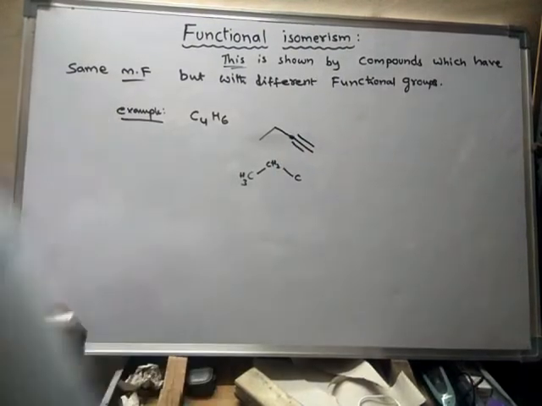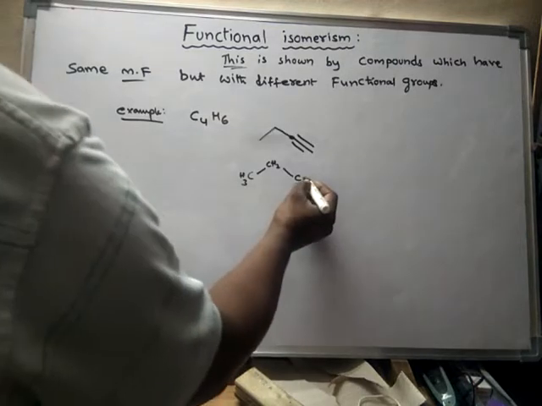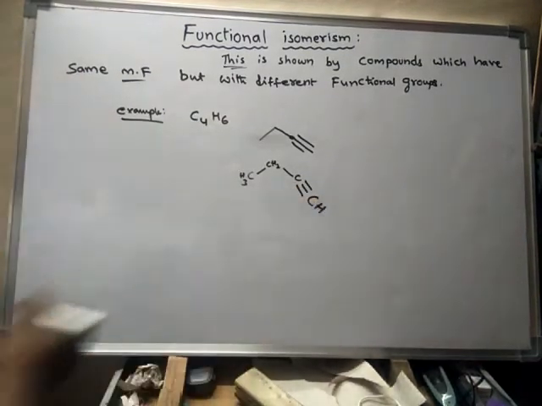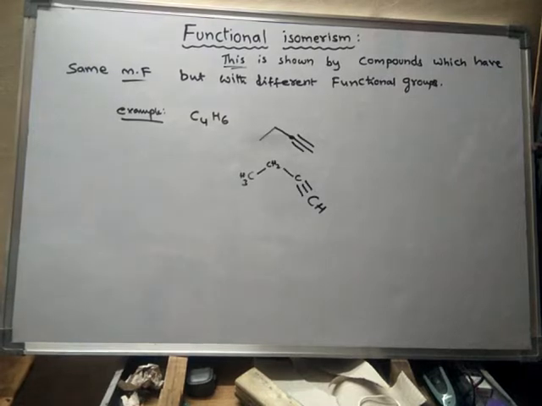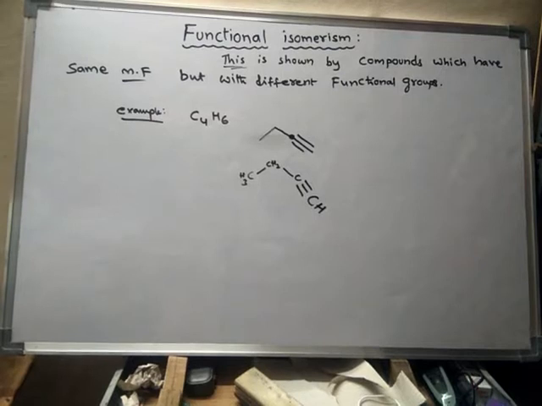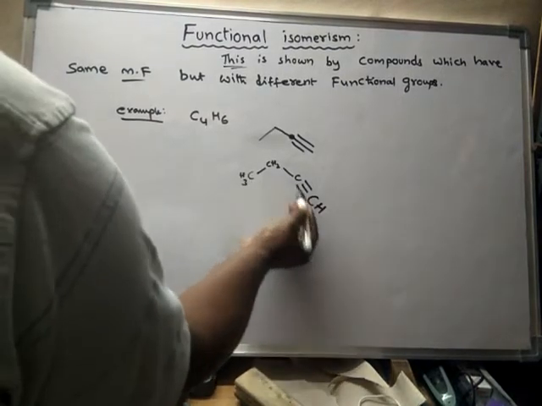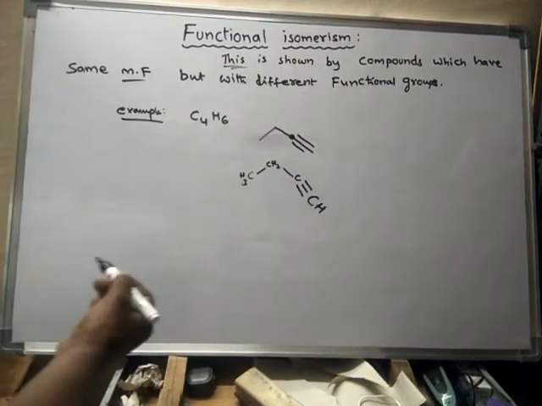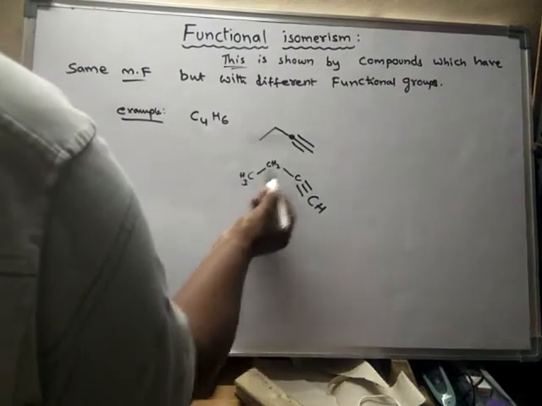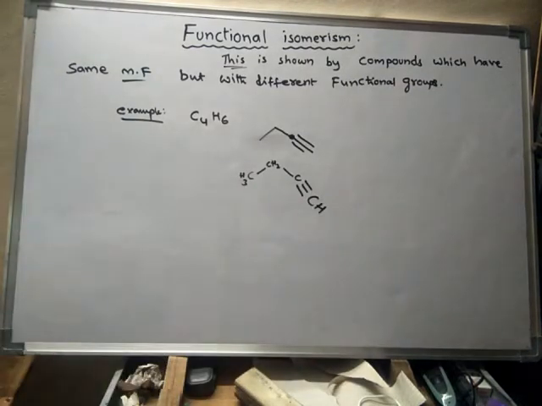So how many carbons? 1, 2, 3, 4 carbons and 6 hydrogens.